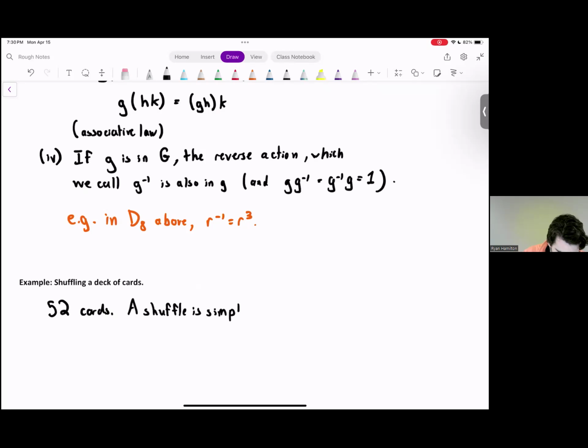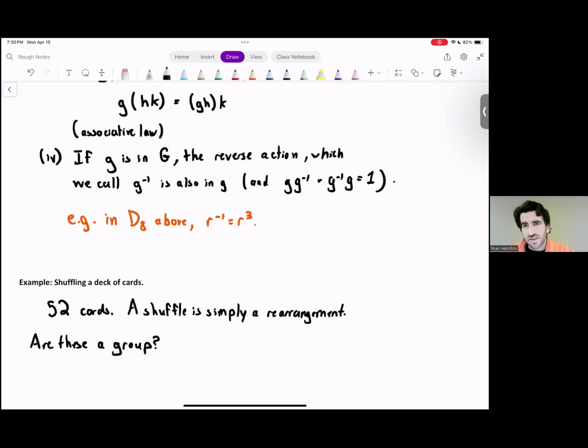So a shuffle is simply a rearrangement. Okay. Is it a group? Or are these a group? I feel like that's not a very good English sentence.